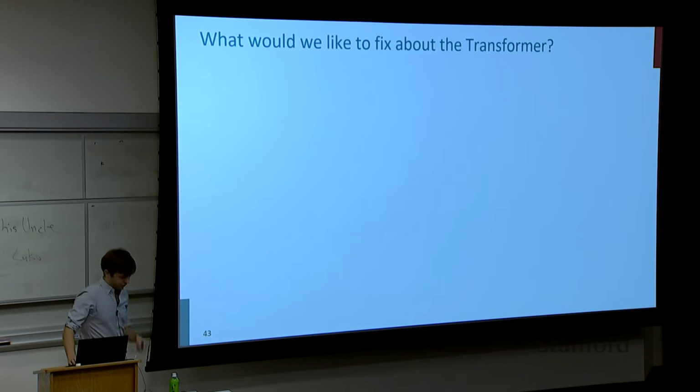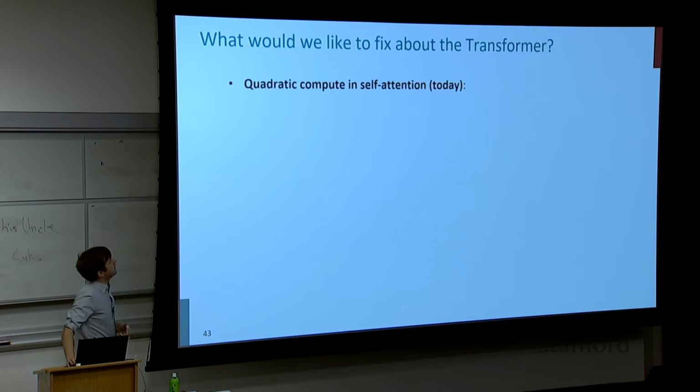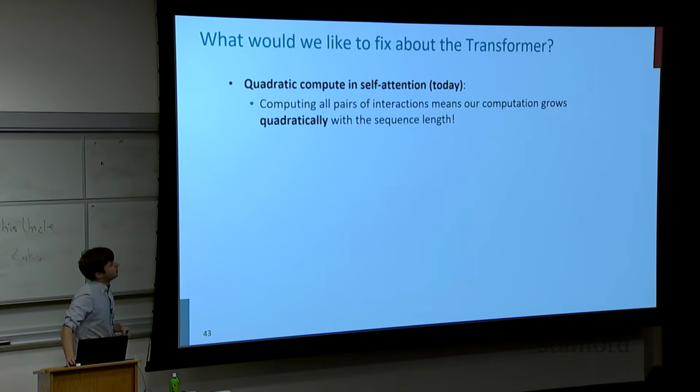There are many drawbacks and variants to transformers. The clearest one that people have tried to work on quite a bit is this quadratic compute problem. This all pairs of interactions means that our total computation for each block grows quadratically with the sequence length. And in a student's question, we heard that as the sequence length becomes long, if I want to process a whole Wikipedia article, a whole novel, that becomes quite unfeasible.